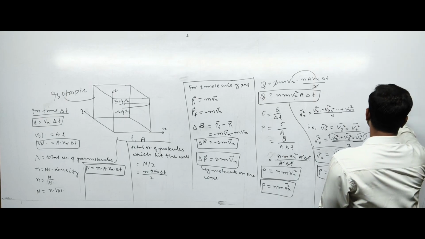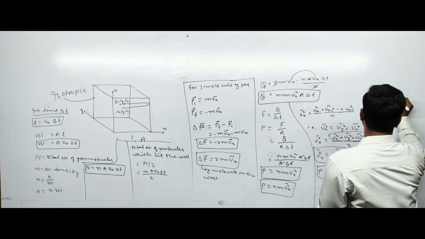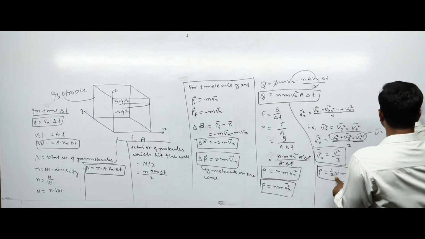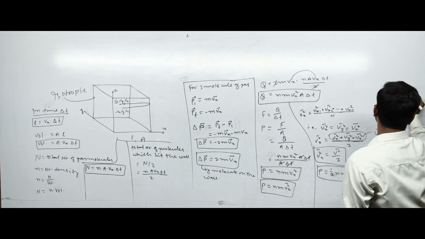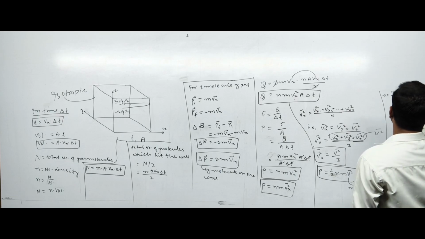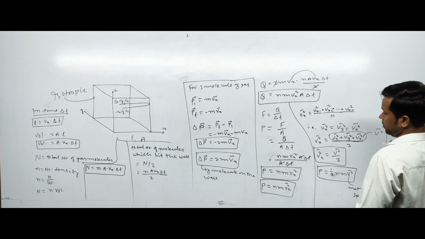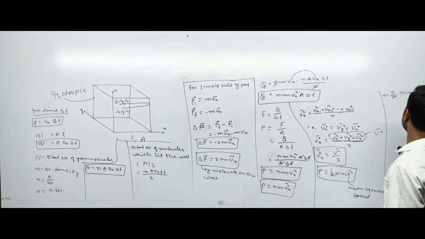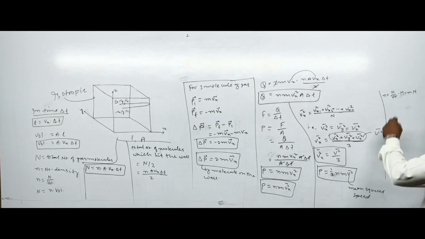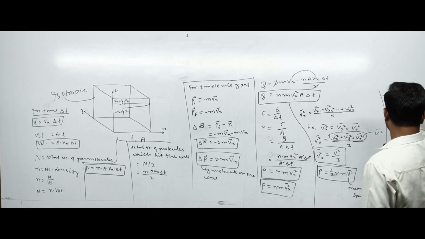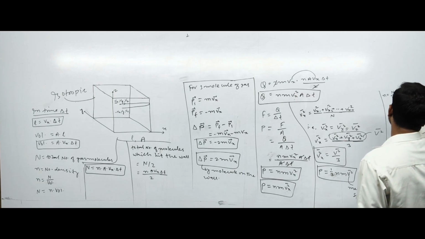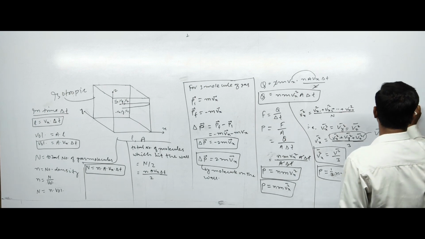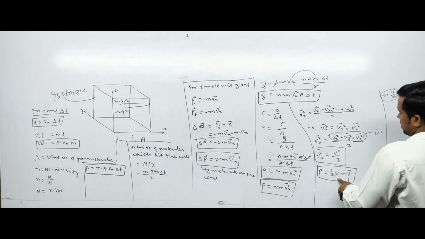So small n is equal to capital N upon volume, and we will use the concept of total mass of the gas molecules, represented by capital M. Mass of one molecule is small m and total number of particles is capital N. That's why the total mass of the particles is capital M. From here we calculate small m: small m equals capital M upon capital N.